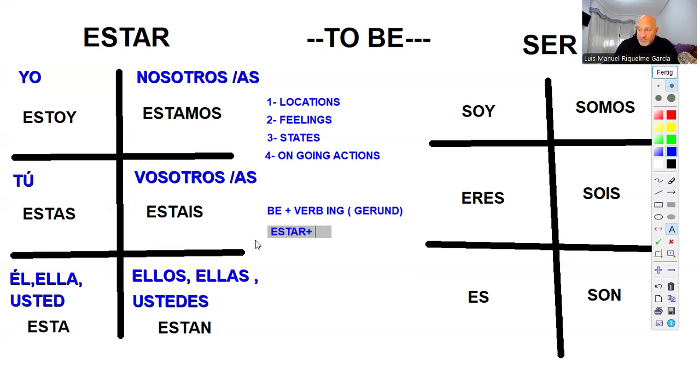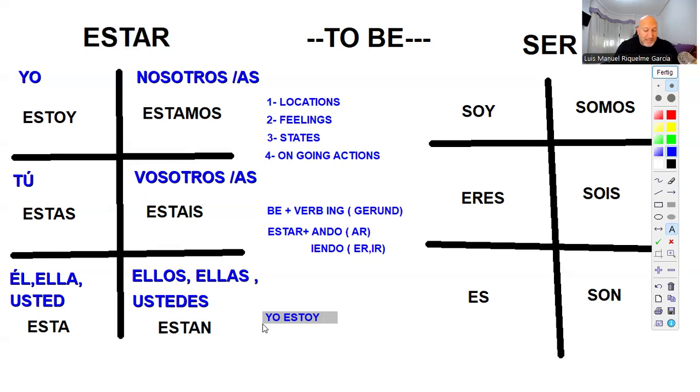How do we create our gerund? We use -ando for -ar verbs and -iendo for -er or -ir verbs. Examples. If you want to say I am speaking, you use the verb estar and you say yo estoy, and now the speaking.